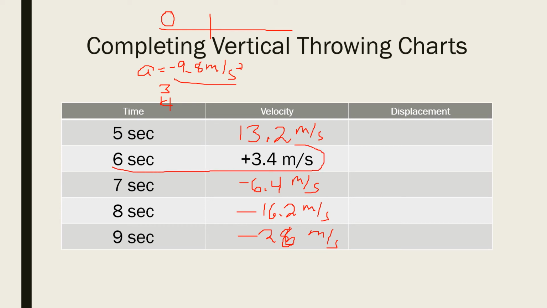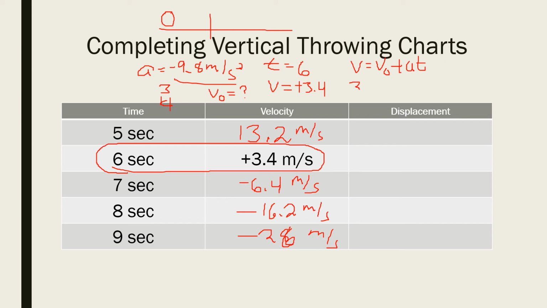They gave you this information. We know that the acceleration is negative 9.8. And they're saying that at time 6, the velocity is 3.4. Could I use all that information just to solve for V0 with an equation? Sure thing. V equals V0 plus AT.